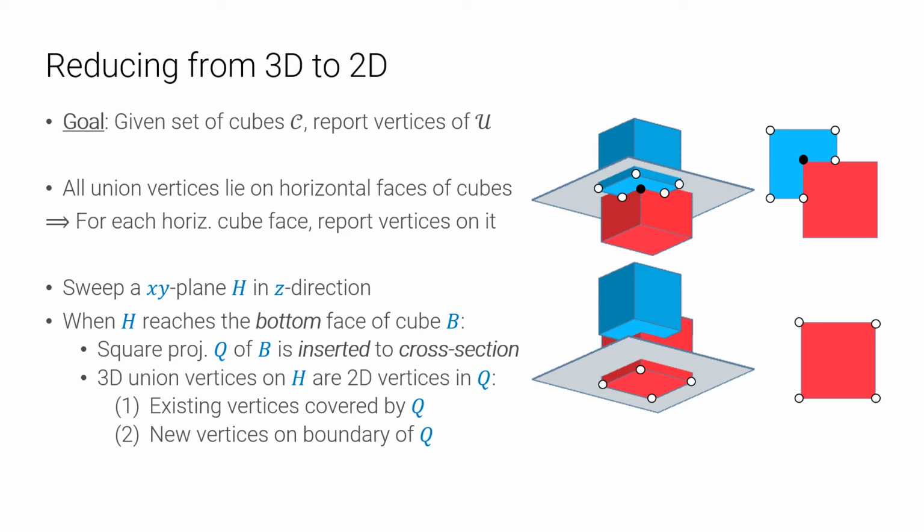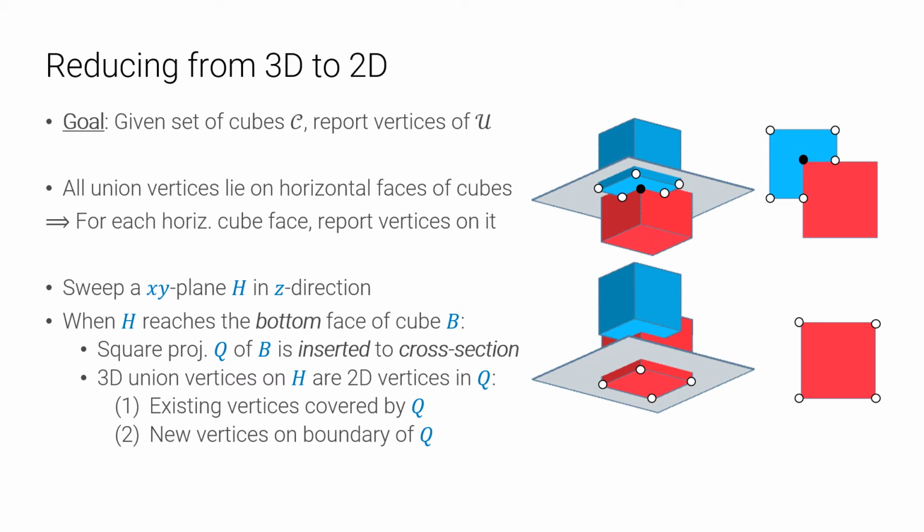This cross-section and how its vertices change corresponds to the 3D union vertices that lie on that face. So for example, if we look at the figure on the right, starting at the bottom, the plane first crosses over the bottom face of the red cube, and the cross section now consists of only that red square.